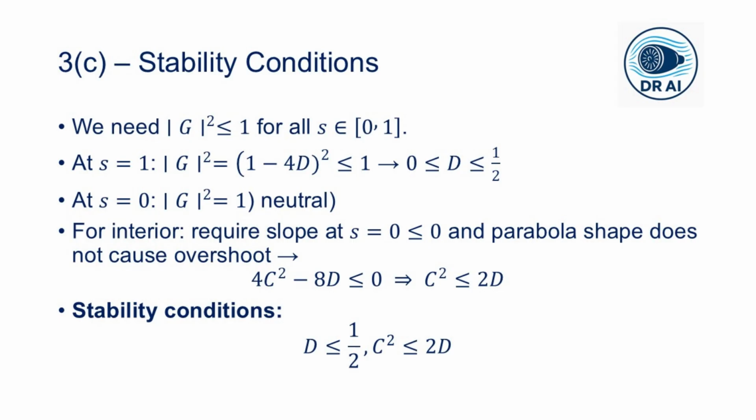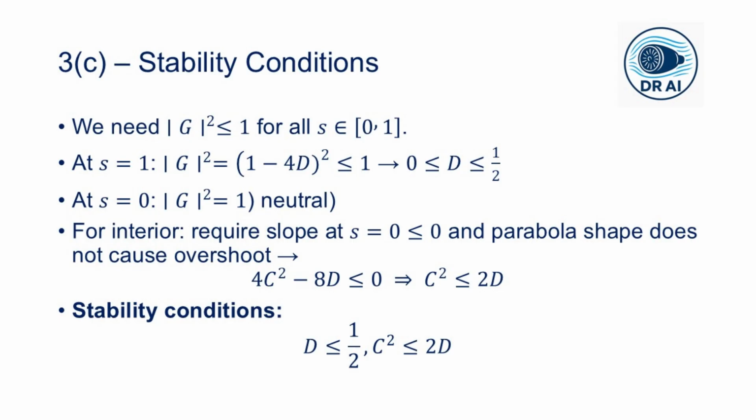Now, the interior part is that the quadratic has the coefficient 16d square minus 4c square for s square, as you have already noticed. So if this is positive, the parabola opens upward, and the maximum may occur at an interior point if the vertex lies between 0 and 1. To ensure no overshoot, we also need the slope at s equals 0 to be non-positive.